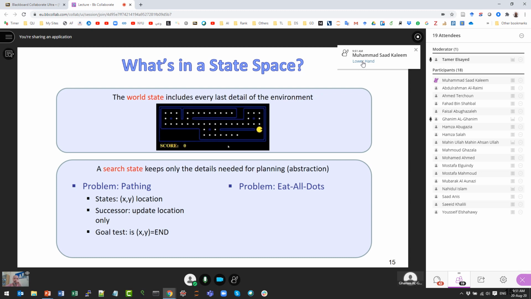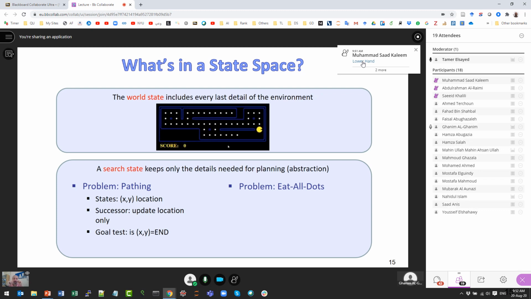Okay, so we understand, of course, the location of Pac-Man. How about the dots? Do we need the location of the dots or something else about the dots? You need the dots, but what exactly about the dots? Just the location? Yes, very good.